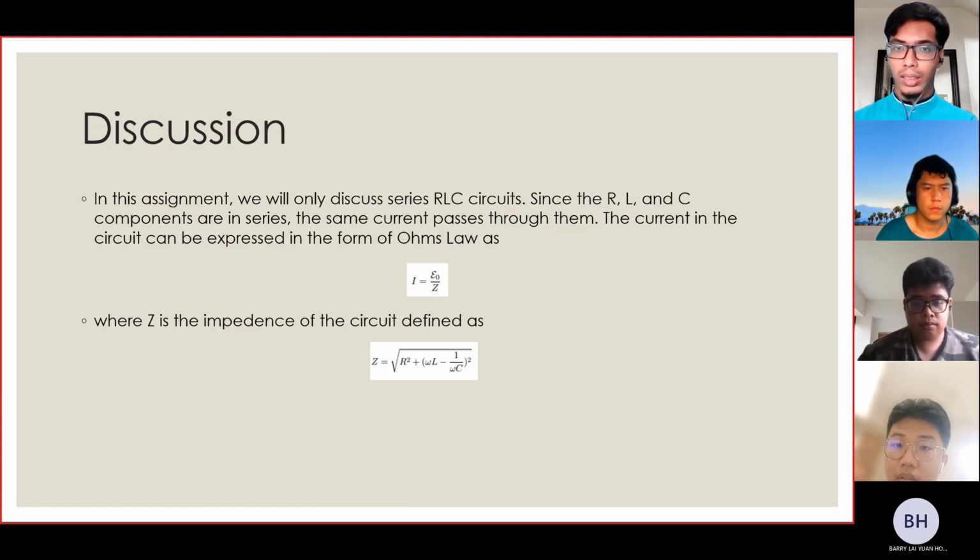The current in the circuit can be expressed in the form of Ohm's law as I equal to epsilon naught over Z. Z, the impedance of the circuit, is defined as Z equal to the square root of R squared plus (omega L minus 1 over omega C) squared.